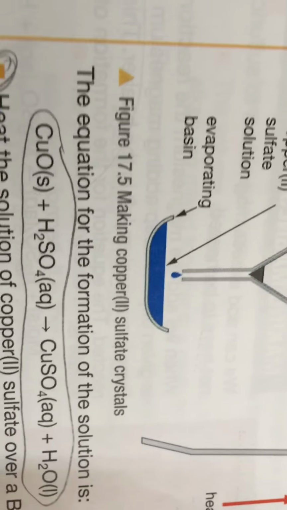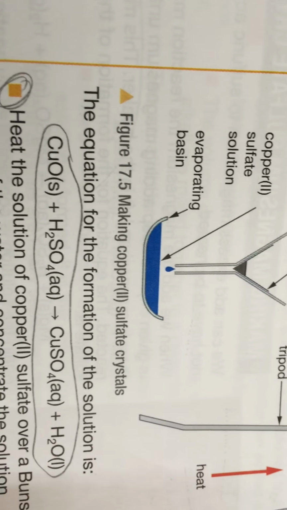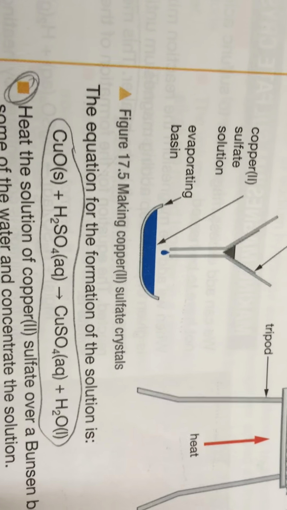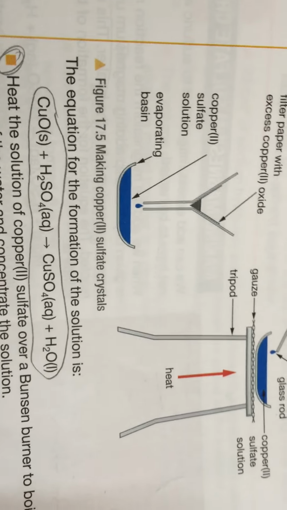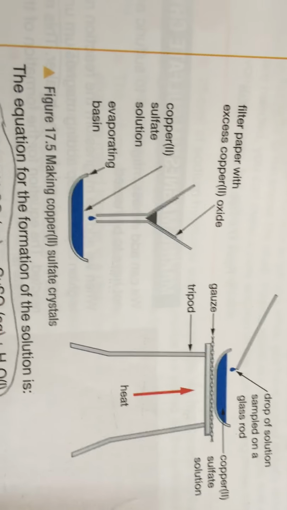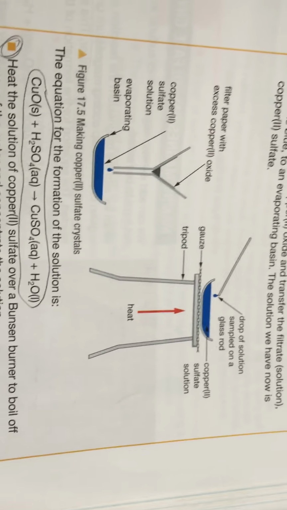But in the case of copper sulfate, I can't add copper itself. I remove the excess copper oxide by filtration, and I start to heat the solution gently.